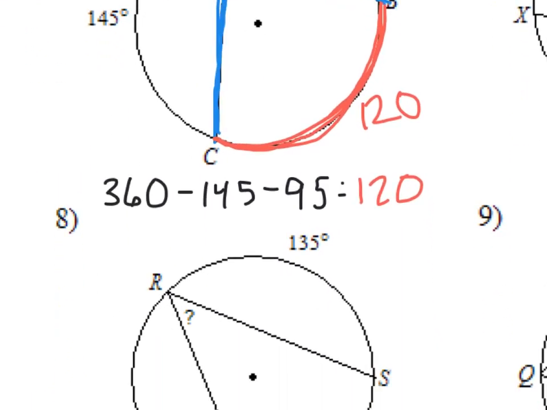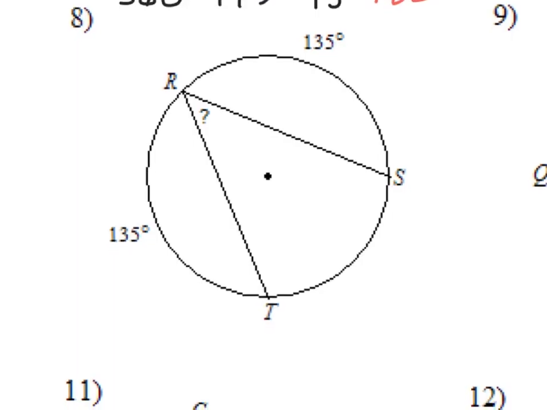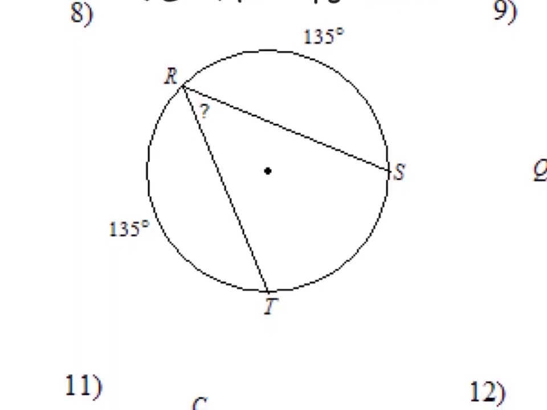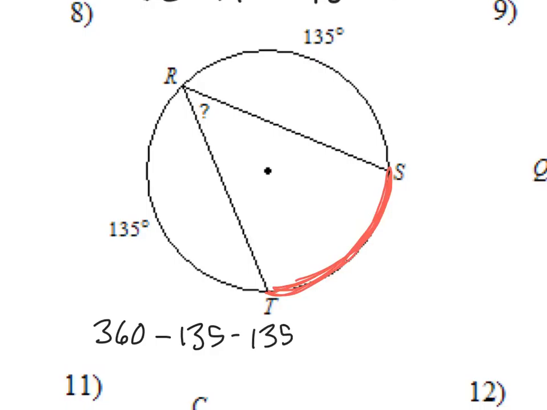Let's do that one more time. Let's look at problem number 8. Same setup. We know 2 of our 3 sections of this circle. So to find the remaining arc here, subtract the 2 we know from 360 degrees. 360 minus 135 minus 135 equals 90 degrees.